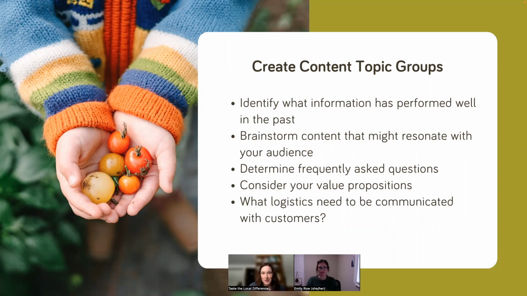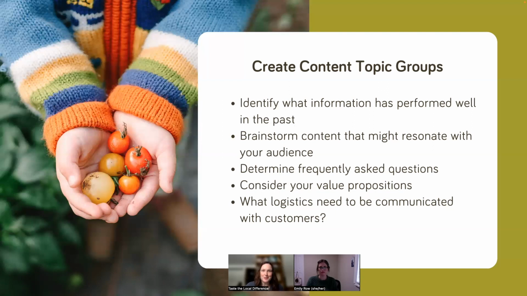So in trying to identify what some good content groups are for you, definitely, like I mentioned before, look back at what performed well, and think about what sort of things people tend to engage with the most on your channel already. You can brainstorm content that might resonate with your audience. What things do you think your audience is looking to learn from you? Do they want to know about your growing practices or how to cook with the things that you're selling?